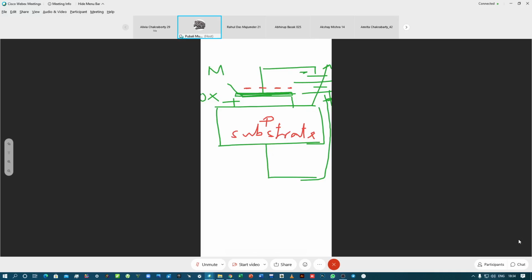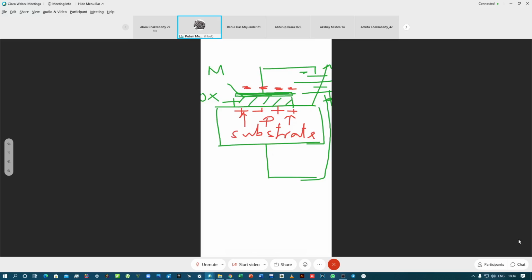Whenever you are giving a negative charge, what is going to happen? The holes are going to be attracted towards the negative terminal of this metal, and there would be accumulation of positive charge at the junction of the metal, the oxide semiconductor interface.